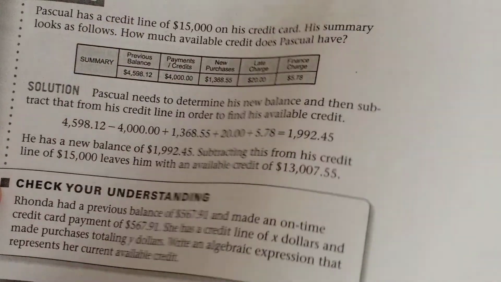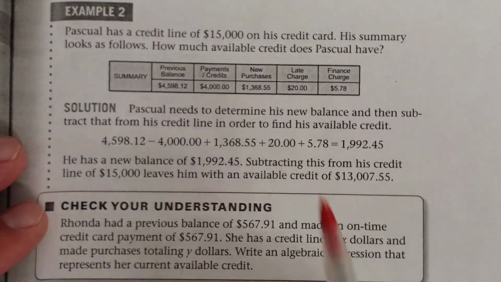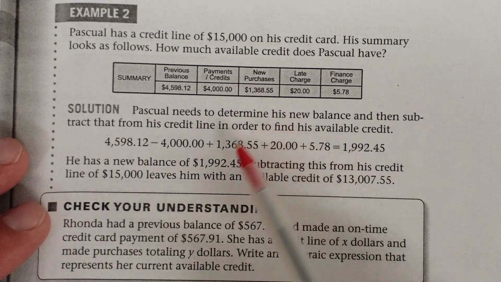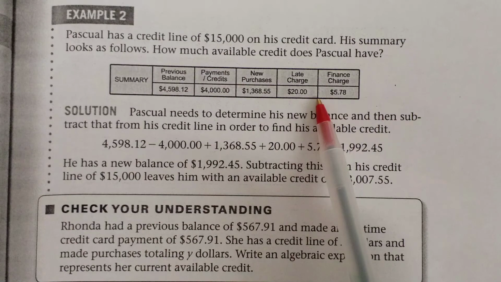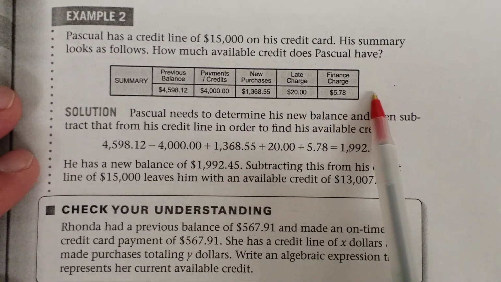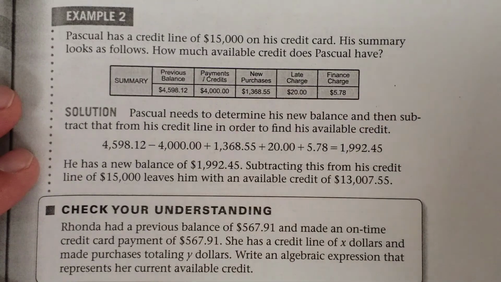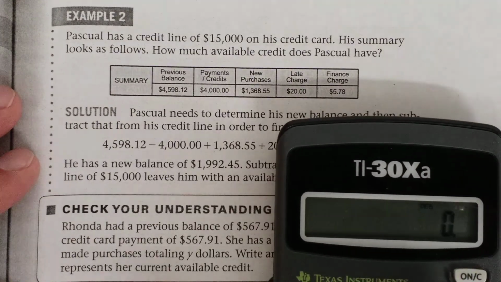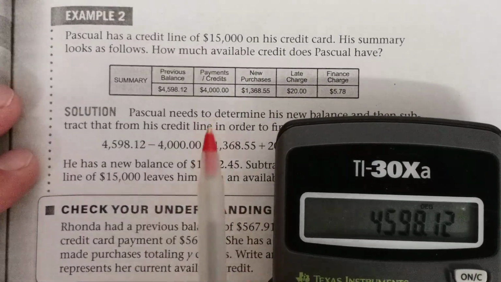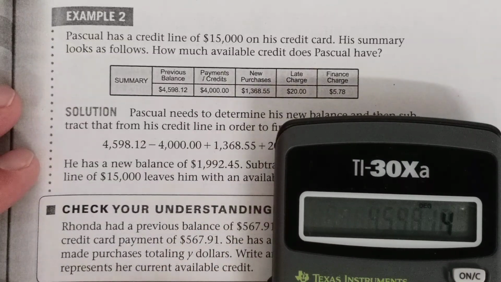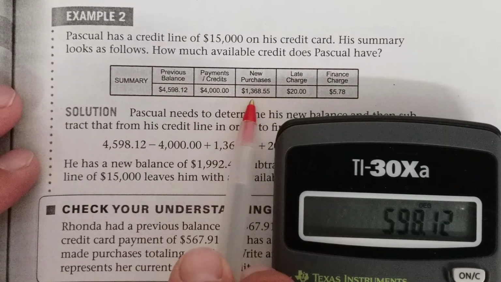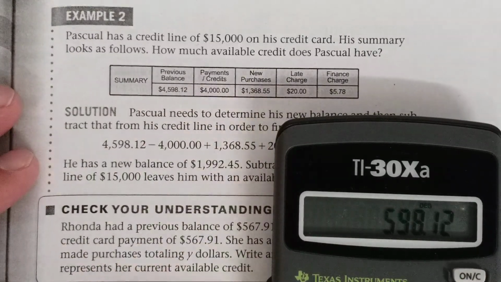Another example here. Pasquale has a credit line of $15,000 on his credit card, so he can spend up to $15,000. His summary looks like this. How much available credit does he have? Well, they left out the ending balance, so we have to figure that out first. We take the previous balance, $4,598.12, take away his payments of $4,000, add in the purchases that he made, $1,368.55.